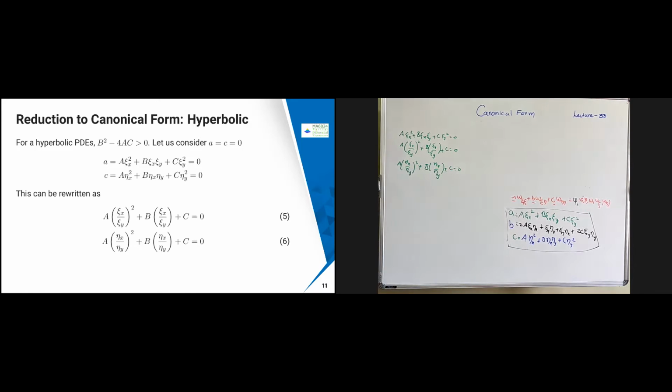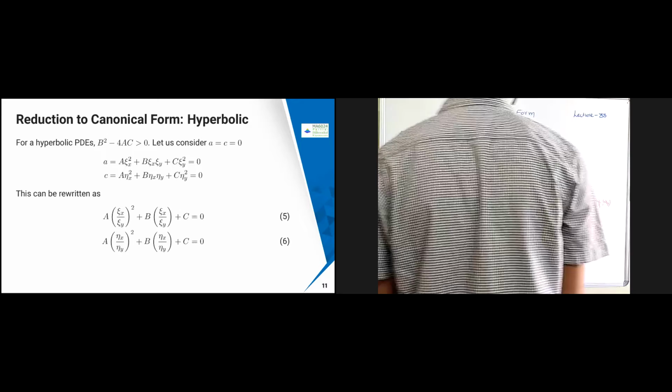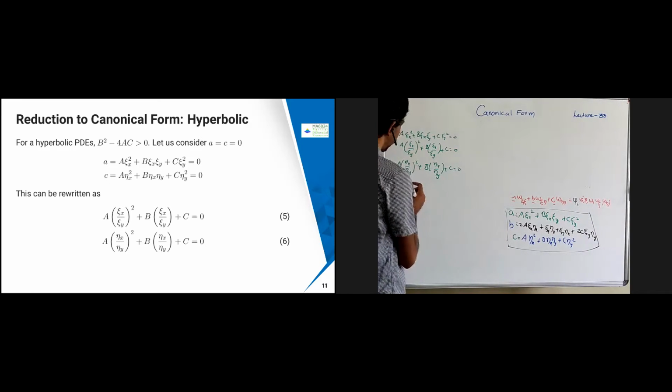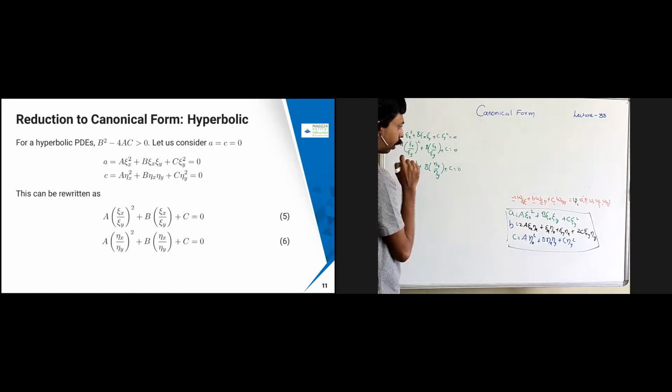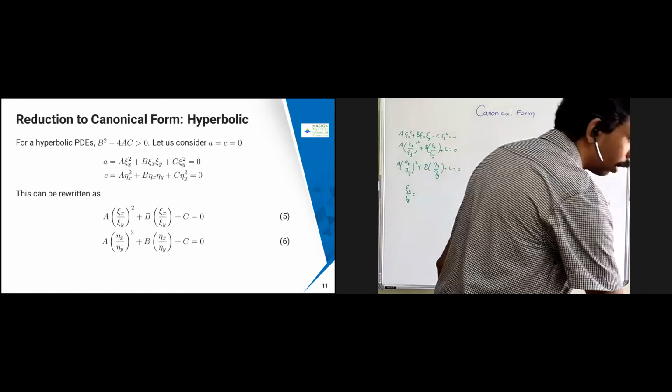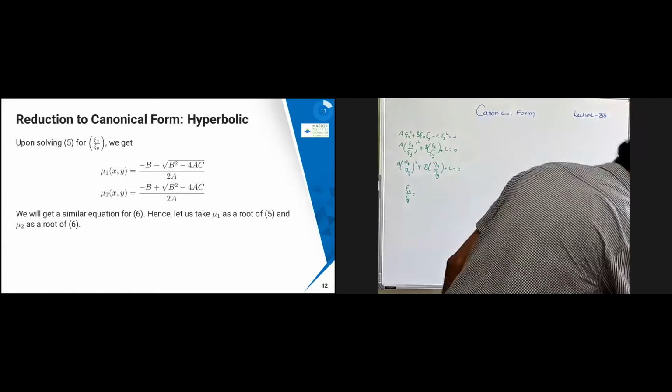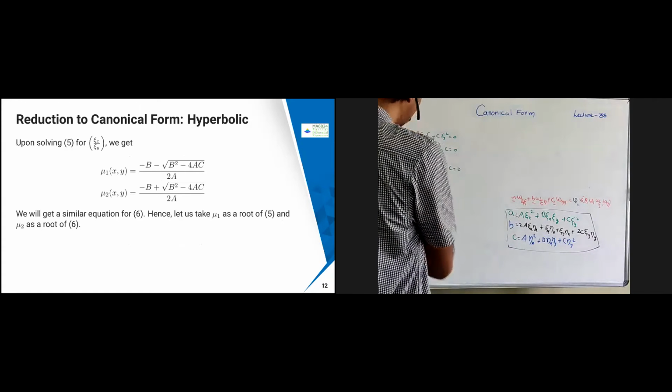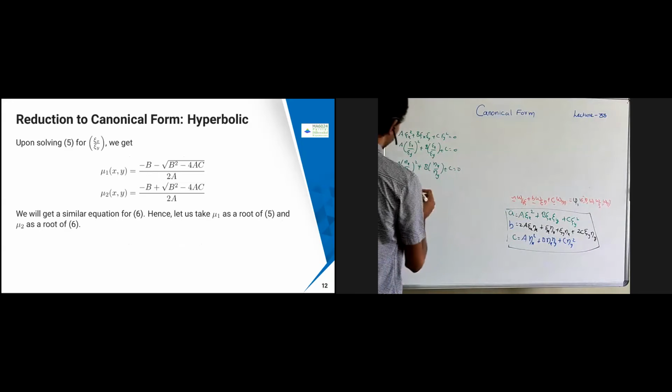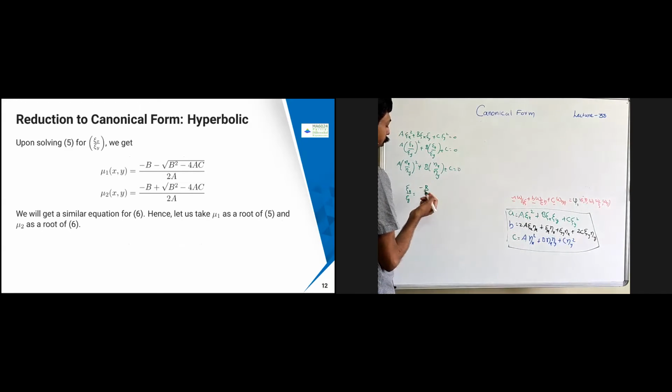So now you have a quadratic equation in chi_x/chi_y and eta_x/eta_y. Therefore, chi_x/chi_y is going to become minus B plus or minus square root of B squared minus 4AC, divided by 2A.